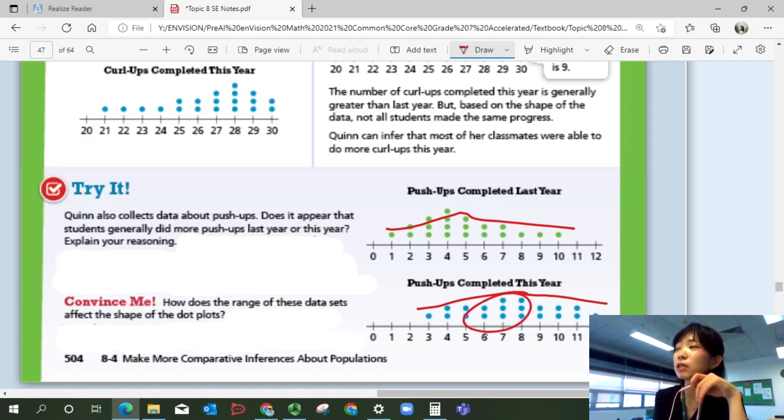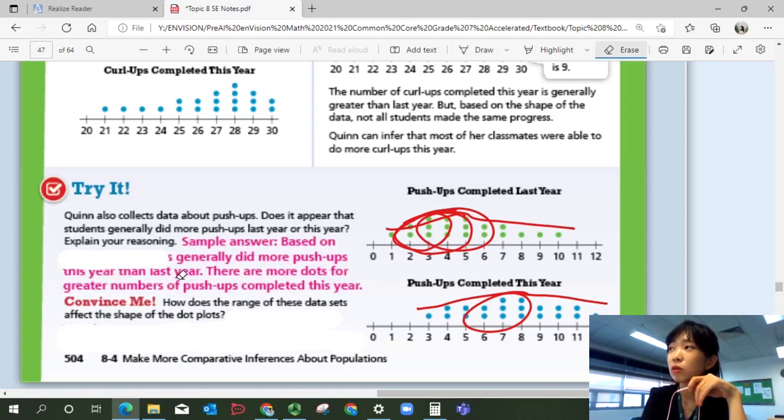But the clusters seem to have improved, right? So we can say that based on this data, students generally did more push-ups this year than last year. There are more dots for greater numbers of push-ups completed this year.